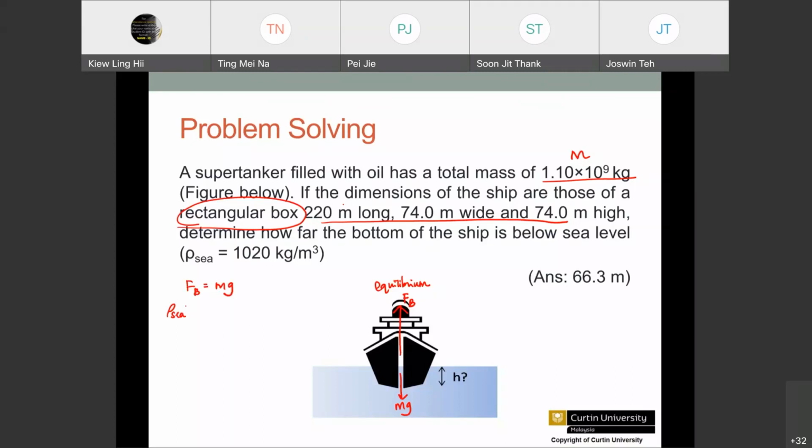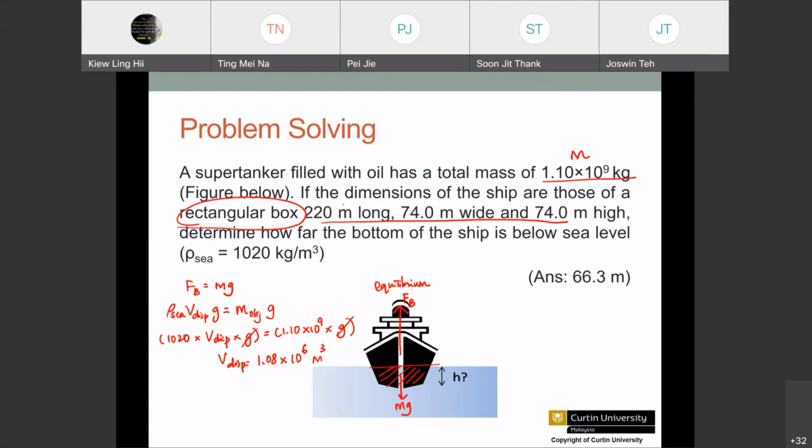V is the volume displaced, which is here only. g equals mass of the object times g. Density of the sea, okay, V displaced is unknown yet. mg is 1.10 times 10 to the power of 9 times g. So cancel off the g. Volume displaced is equal to 1.08 times 10 to the power of 6 meter cubed.